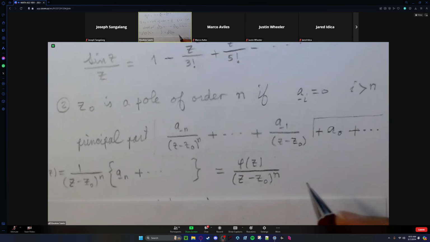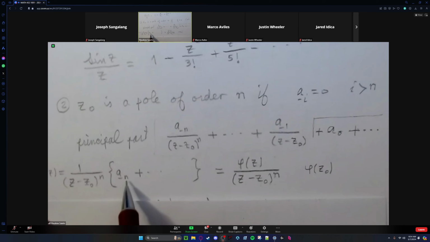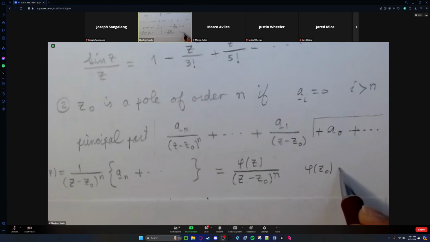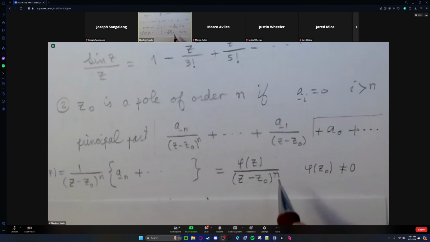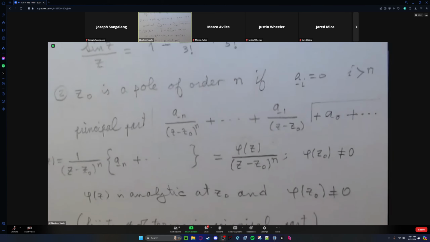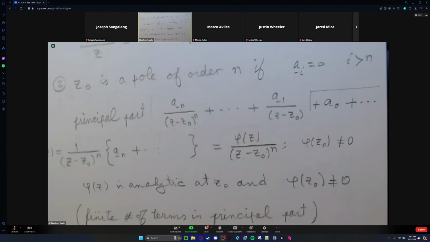All right, remember phi of z0, or z naught, which is equal to a index negative 1, is not 0. Okay, so this is a good thing to know.